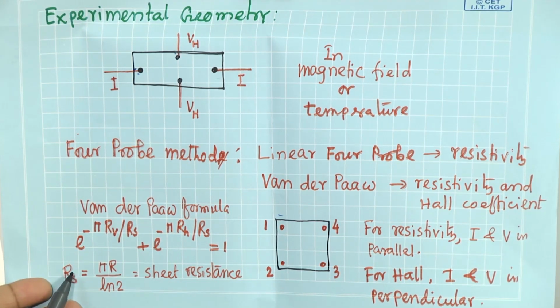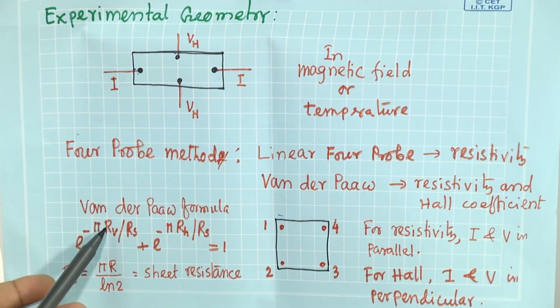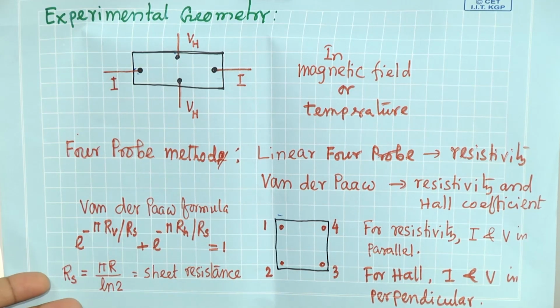From this formula you can see if you can measure RV and RH. What is RV? RV is the vertical resistance. When you are using the vertical column, these two probes for current and these two probes for voltage, or vice versa, then from the measured voltage and current you can calculate the resistance.